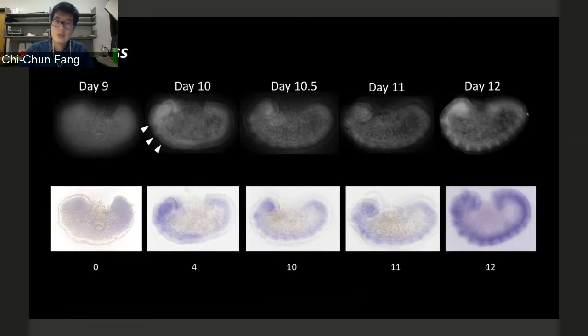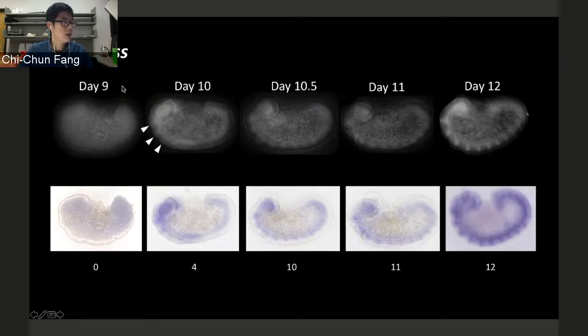We definitely don't want to apply those probes at a very early stage before any segments formed, right? Like the heart-shaped stage, no matter how hard we try, there's no way we can see the signal, right? We got to apply the probes or antibody at the right time, right? That's one of the important reasons why we have to know the developmental table first.